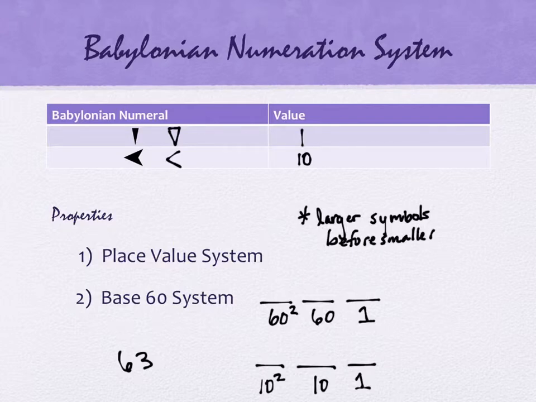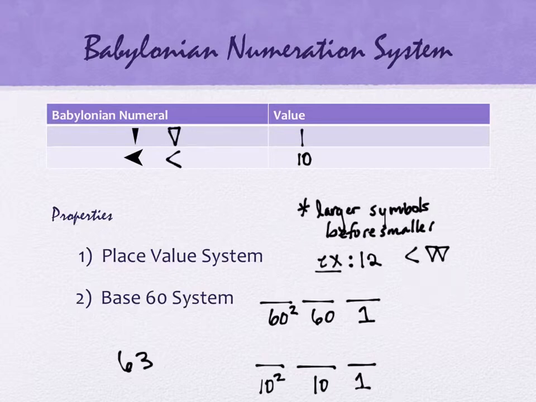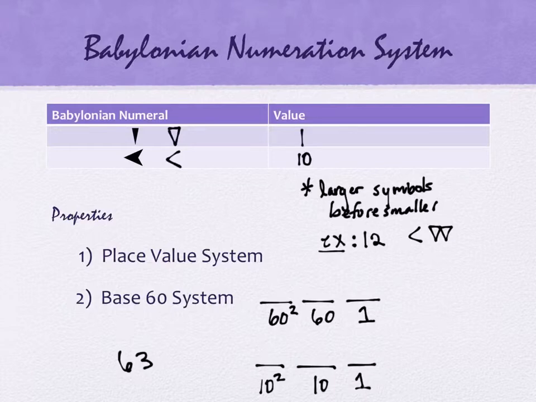So, for example, if we wanted the number 12, we need 1 ten and 2 ones, and the 10 would come before the ones. Is that okay? So larger symbols come before smaller ones. All right, so let's take a look at an example now and see how this would work.